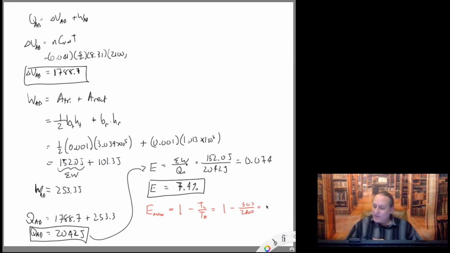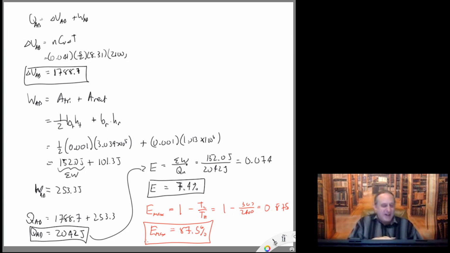That's 0.875, or 87.5% efficiency. So this 7.4% is still bad, because the theoretically most efficient machine operating between these two temperature extremes would be 87.5%.